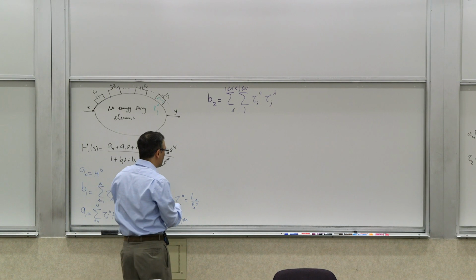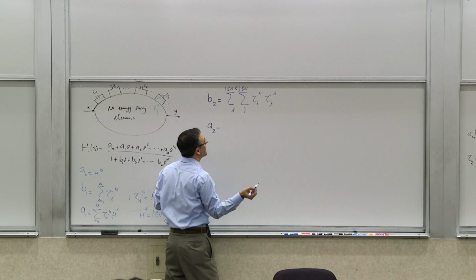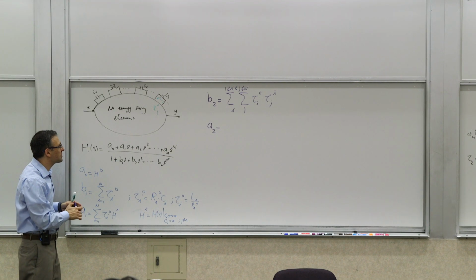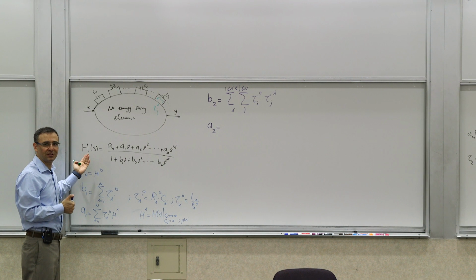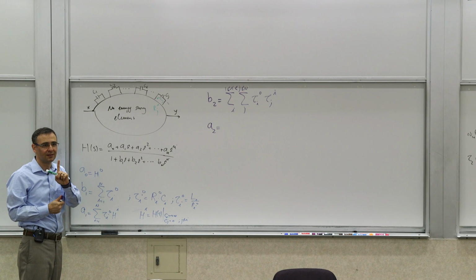So then B2 and A2, what do you think A2 is? If you look at this and extrapolate. Well, first of all, A2 still has to have units of H, so there has to be a single H in it. It has to have one transfer constant.